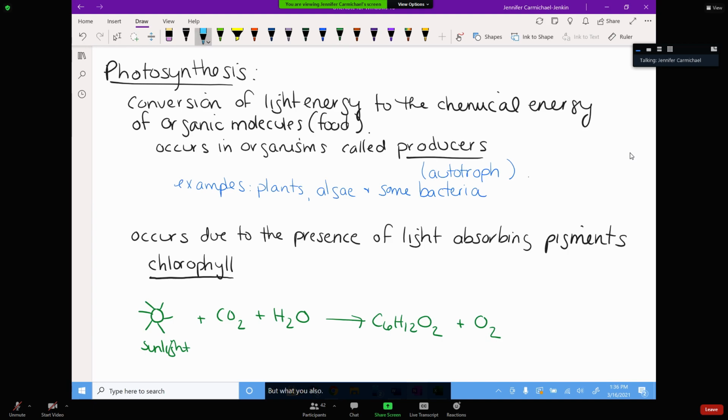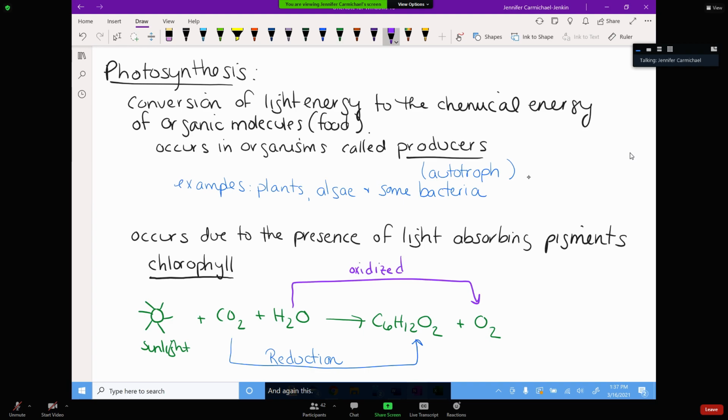But what you also can see here is that we still are talking about movements of hydrogen atoms. However, in this case, carbon dioxide is reduced. So carbon dioxide gets hydrogens added onto it to become an organic molecule, and water is oxidized.